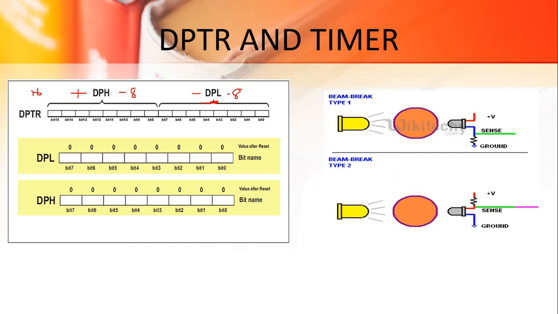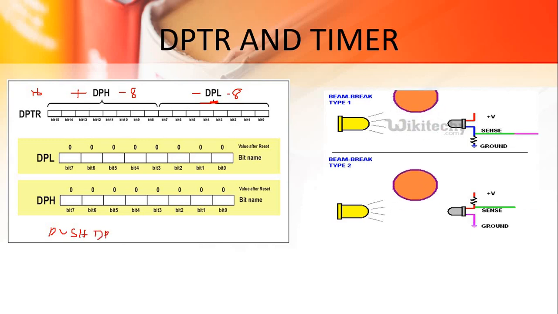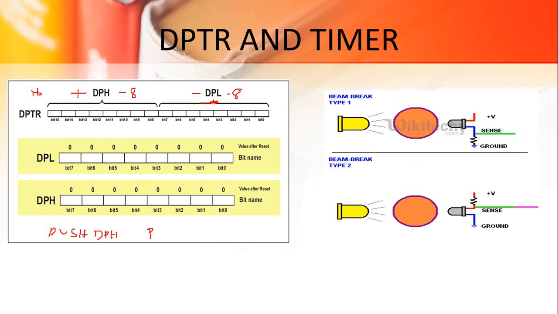So to increment, we can use the instruction PUSH DPH. PUSH DPH means that it will increment the data to a higher order. If I am using POP DPL, it will decrement the data.